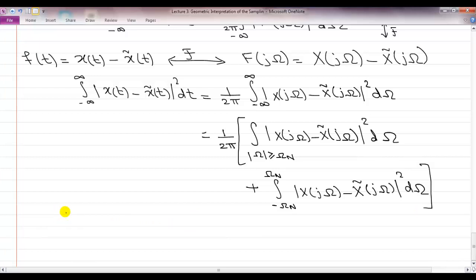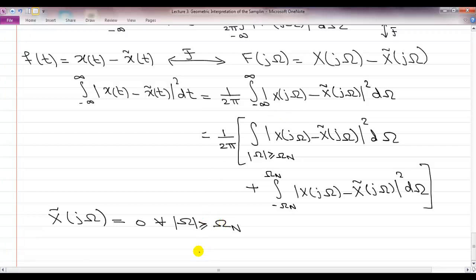So now we will use the property of our x tilde t, which is that x tilde of j omega equals 0 for all omega greater than or equal to omega n. Why? Because we started with the assumption that x tilde t is band limited.